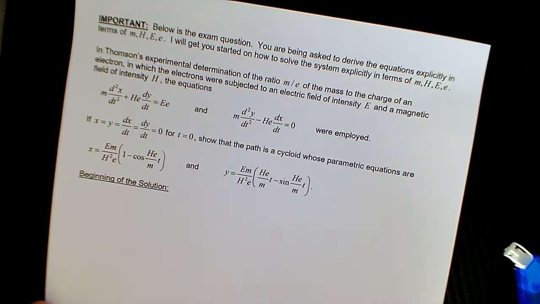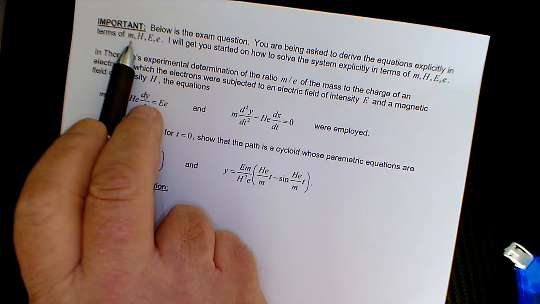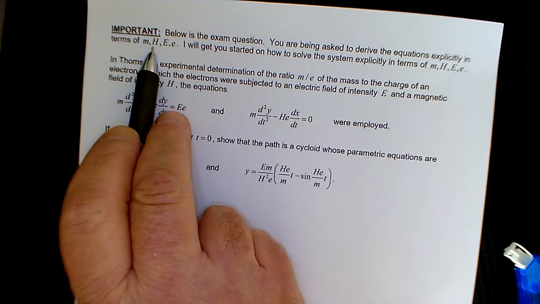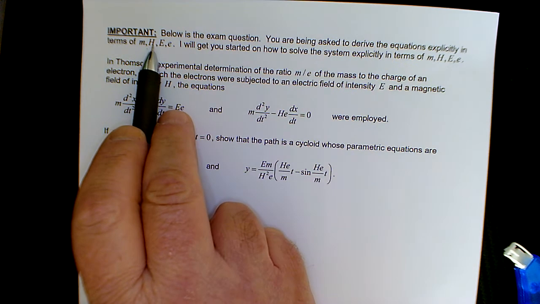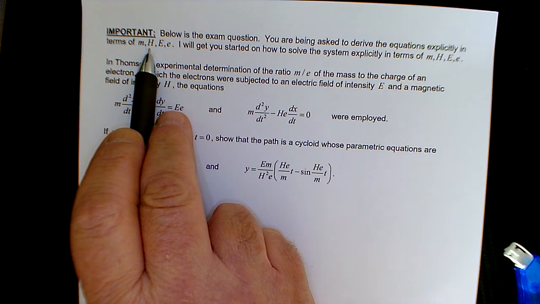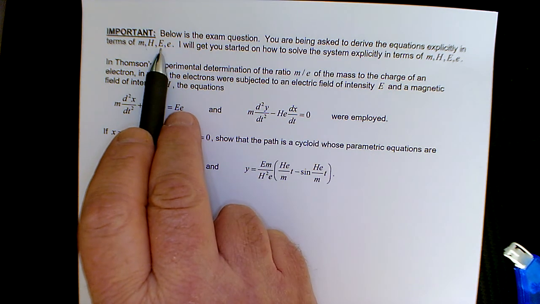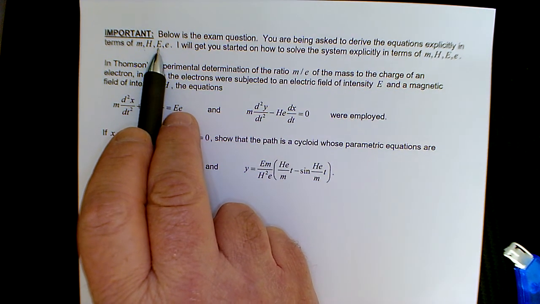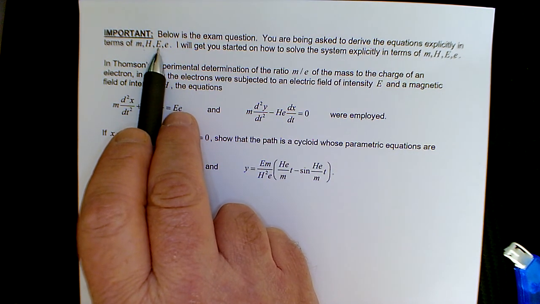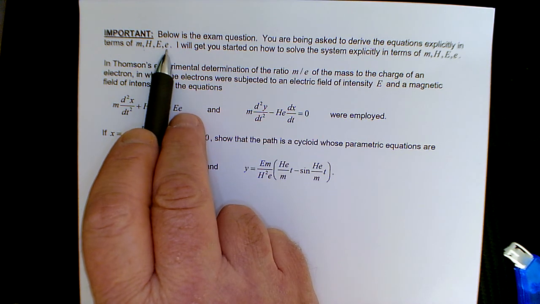where you're going to do the same thing, but you're going to solve explicitly in terms of m, the mass, h, the magnetic field intensity, uppercase E, the electrical field, and lowercase e, the charge on the electron.